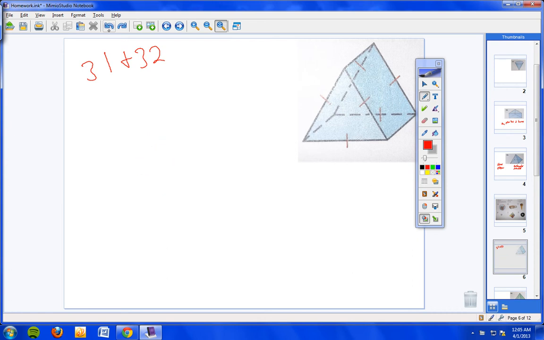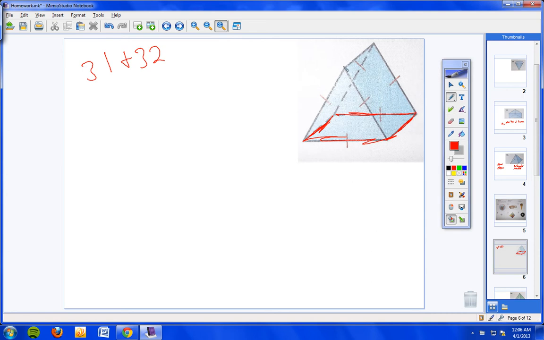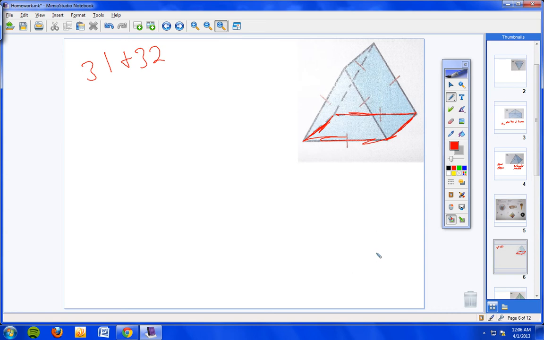Now, right now you probably would say this is not a prism because see the bottom face? There's no way this bottom face right here matches the top.